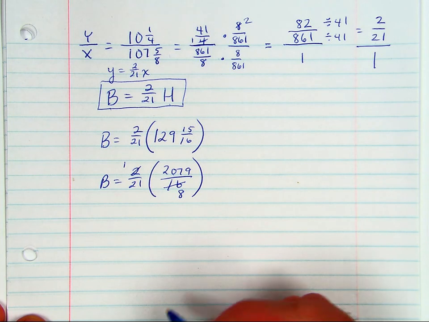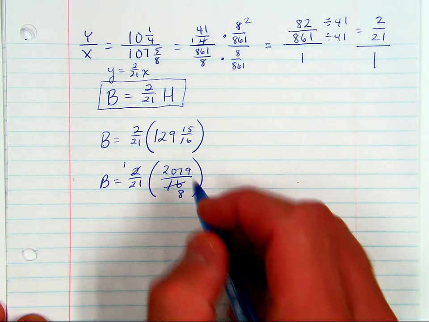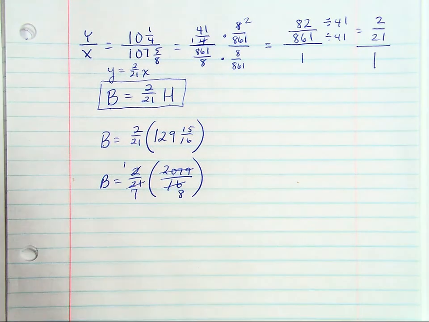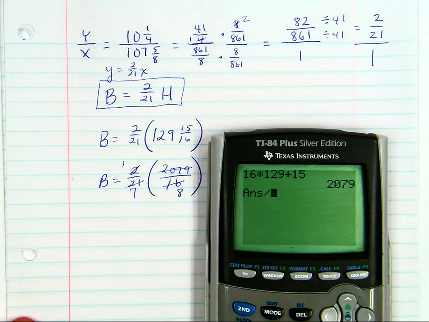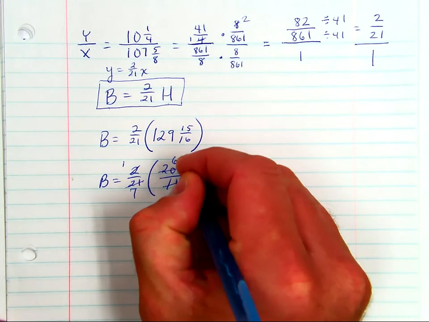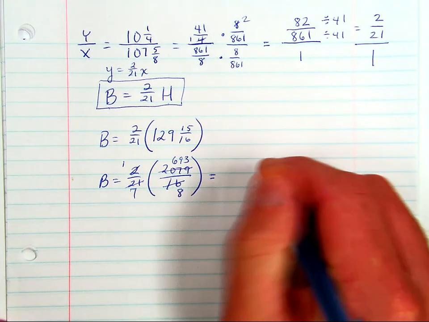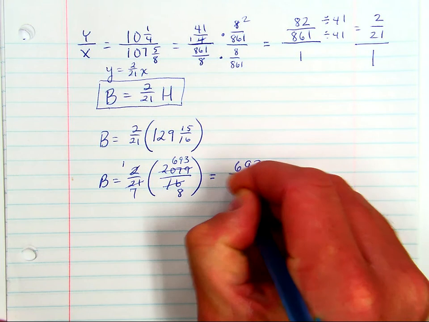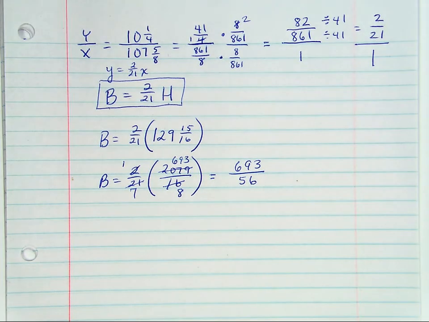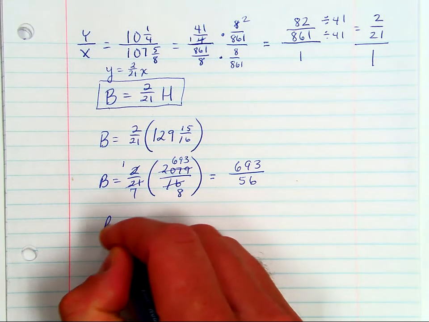Then so is 2,079. And it's 693. So we get 693 divided by 56. Now, of course, you didn't have to reduce. You still would get the correct answer if you did not reduce.